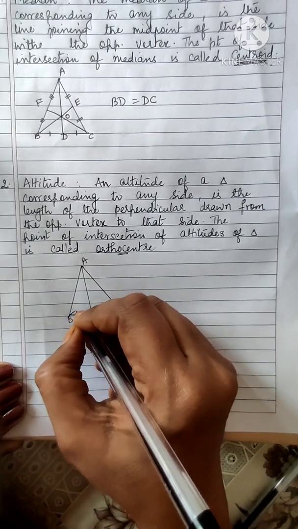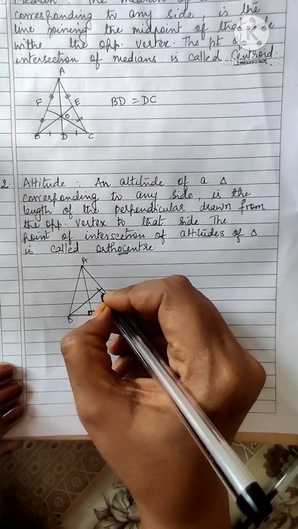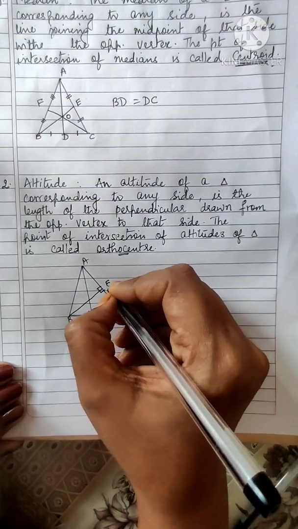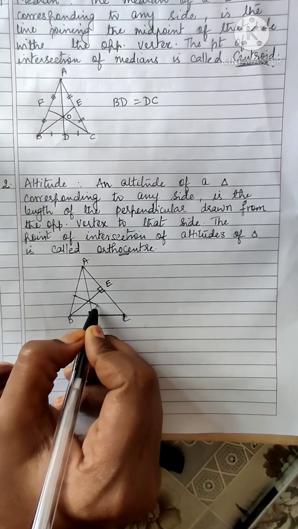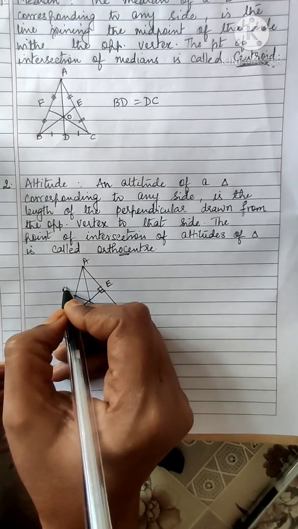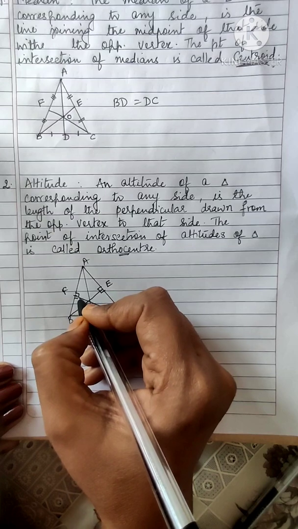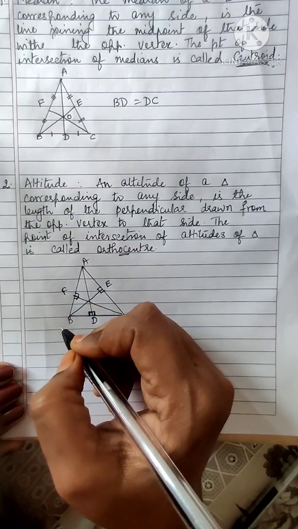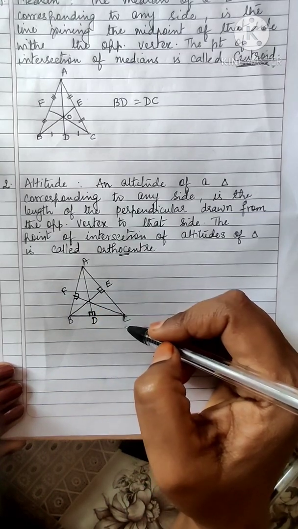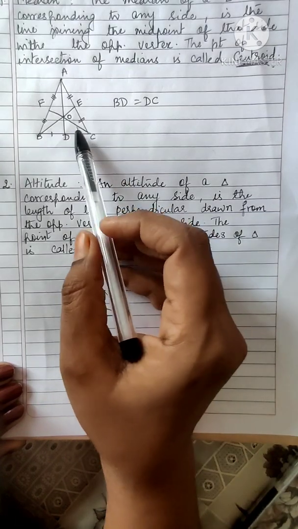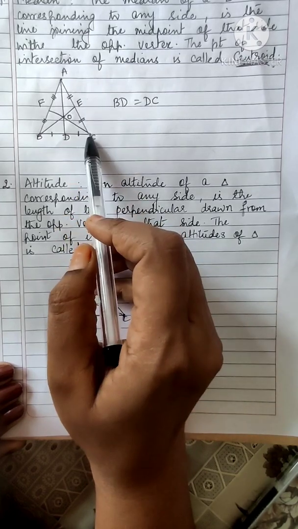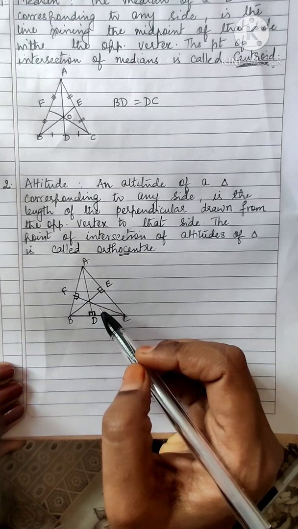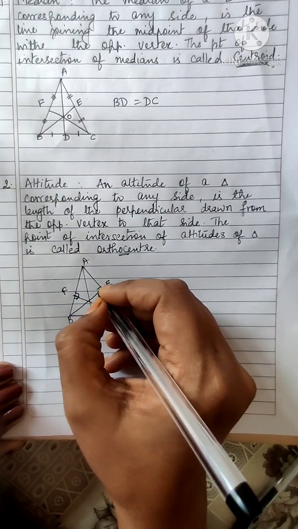So you will have 3 altitudes for a triangle. If AD is one of the altitudes, BE will be the second one, and CF will be the third one. So altitude only makes an angle of 90 degree. It won't divide the opposite side into 2 equal parts. Division of side into 2 equal parts is done by median, whereas altitude just makes an angle of 90 degree.